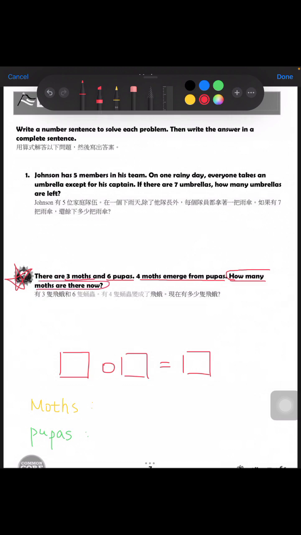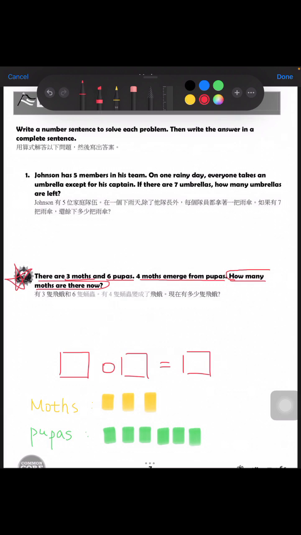Okay, first of all we draw 6 pupae. We draw them in green color. 1, 2, 3, 4, 5, 6. There are 6 pupae. And at the beginning there are also 3 moths, so we draw 3 blocks here.